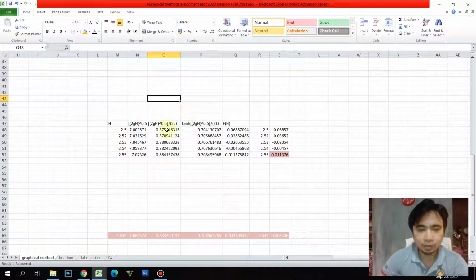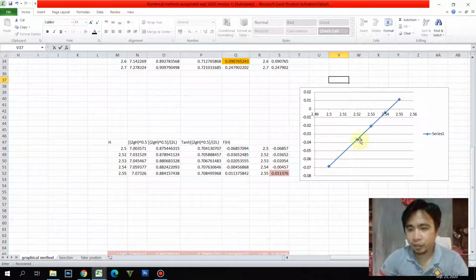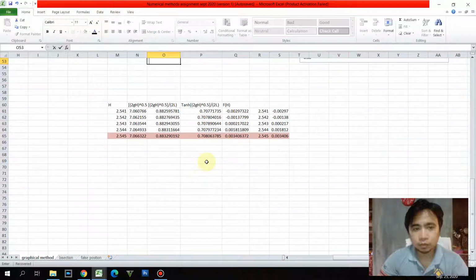So by this, again, I have considered a more precise scale in order to have more precise value for h. So we can see that in the graph, we have a value that is between 2.54 and 2.55. So finally, we have the more precise scale 2.541 up to 2.545.